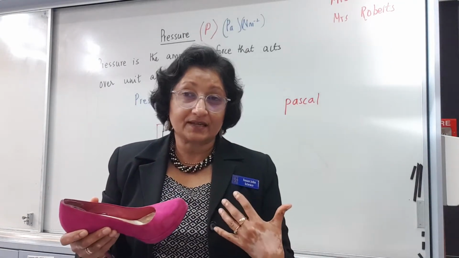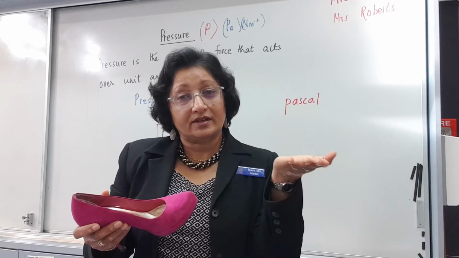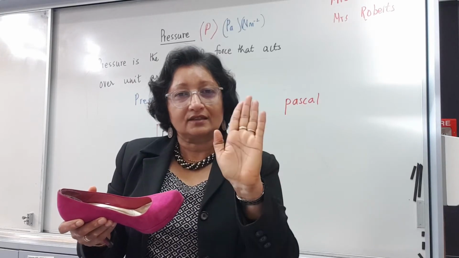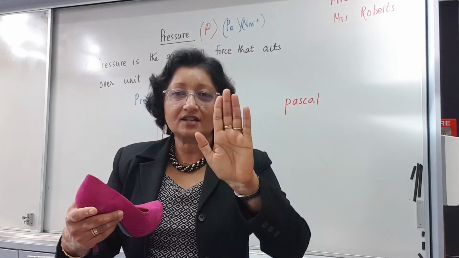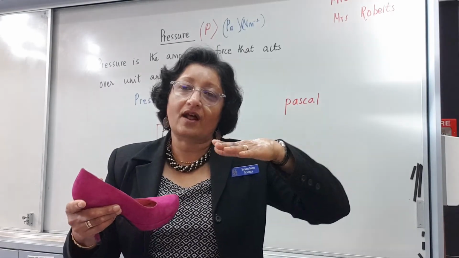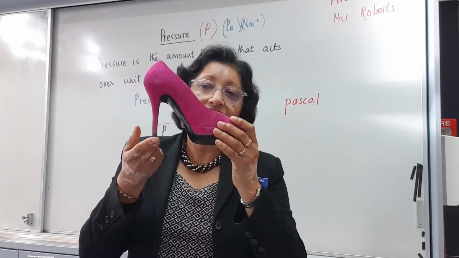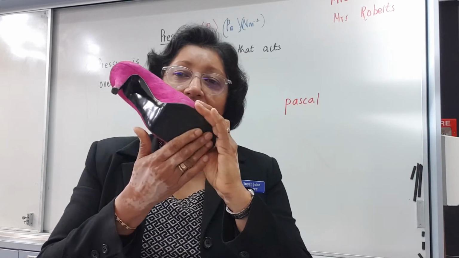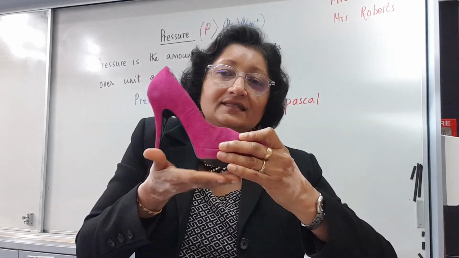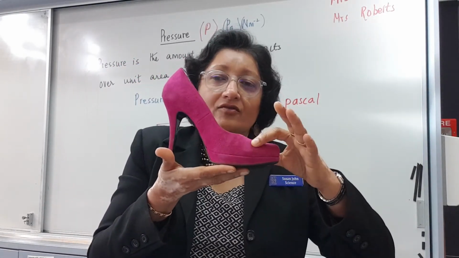So it's the same person, it's me, at one point wearing flat shoes where the soles of the shoes have got a larger area in contact with the ground, as opposed to stilettos where the area of the sole acting on the ground is much less, okay?